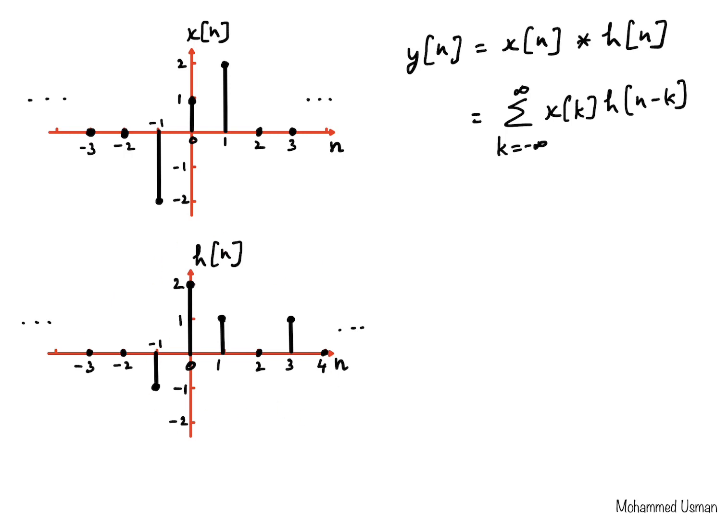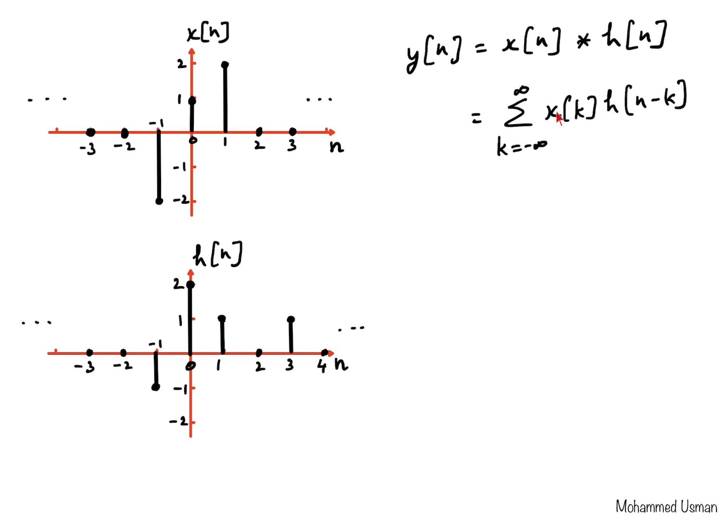So we're going to scale the impulse response with each of these input signal values, using shifted versions of h of n. That is exactly what we're going to do. Since x of n is 0 for all values other than n equal to -1, 0, and 1, this term is non-zero only when k equals -1, 0, and 1.